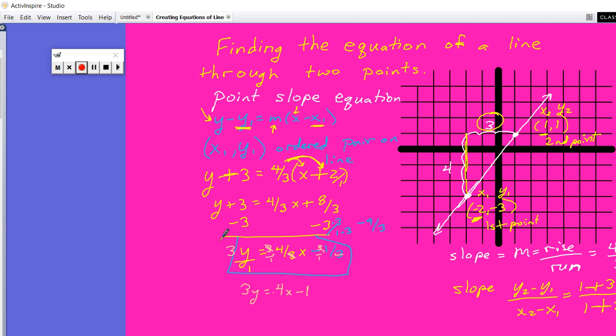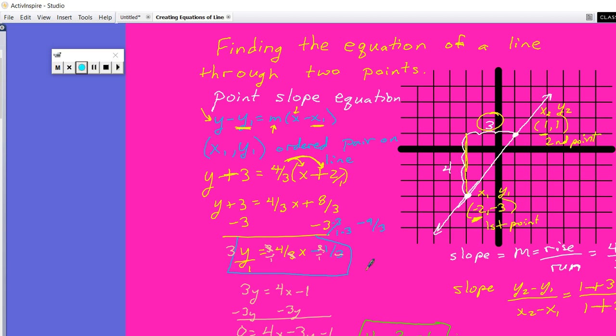Now, to be in standard form, they like the y on the same side as the x, and the x to be positive. So I subtract the 3y: 4x minus 3y minus 1 equals 0. Most often you will see them move this 1 away from it, so you get 4x minus 3y equals 1.